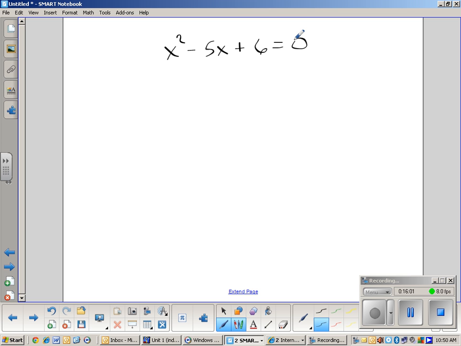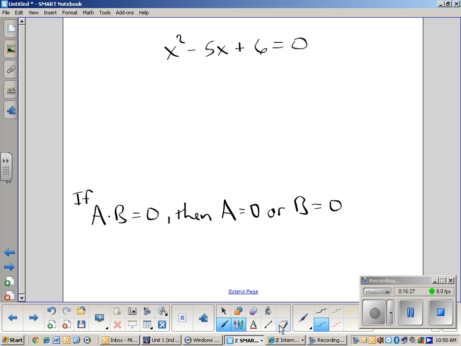I'm going to walk you through this. What we hadn't talked about yet is the little rule that says if a times b equals 0, then a equals 0 or b equals 0.